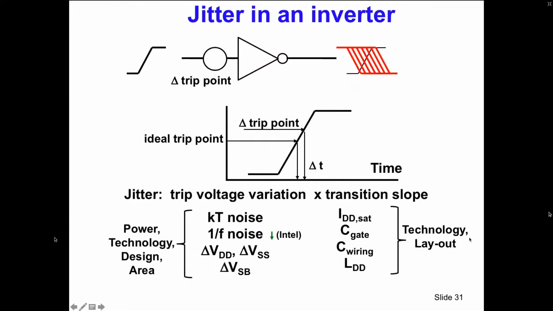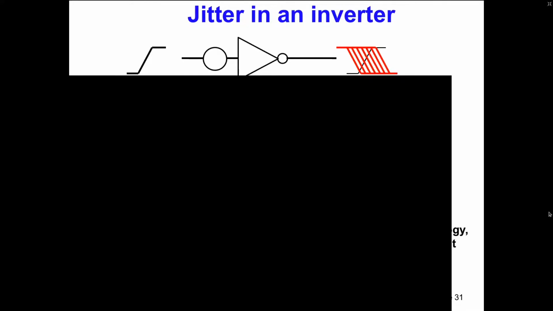Well, if you look at jitter, a lot of people talk about this trip point over here being affected by KTC noise, by 1/f noise, and all this kind of stuff. I'm not so sure of that.